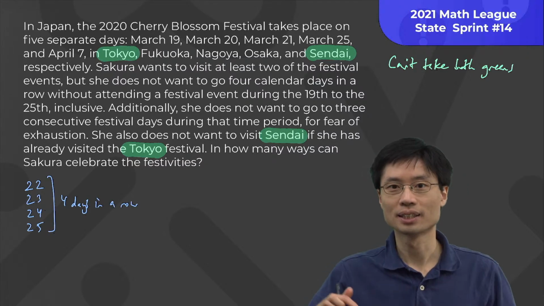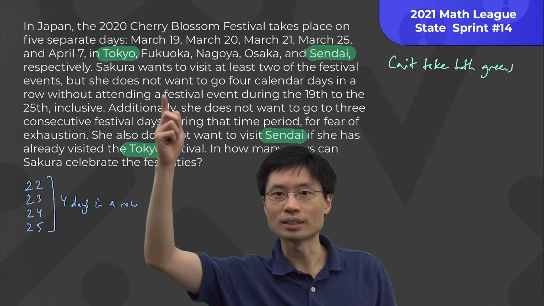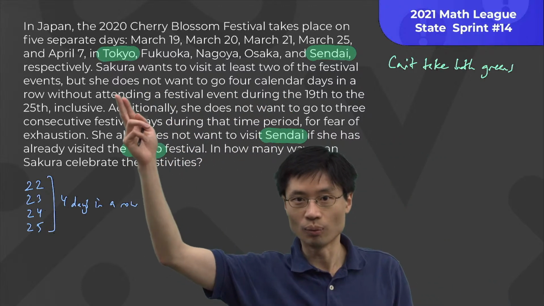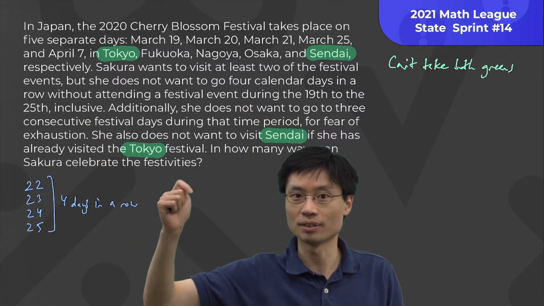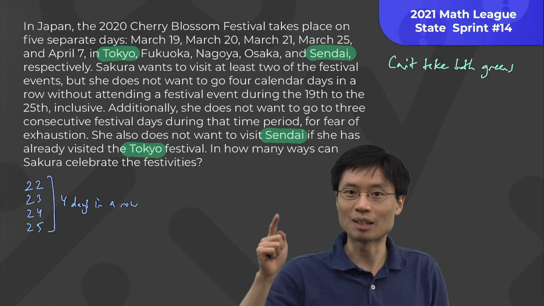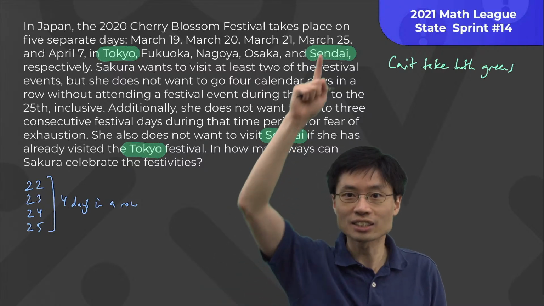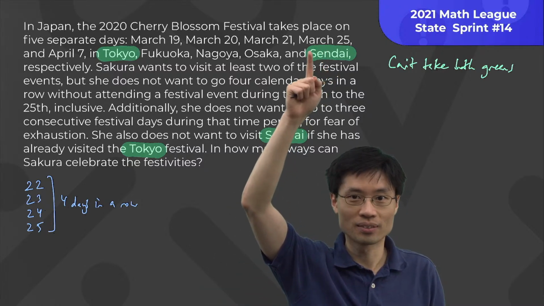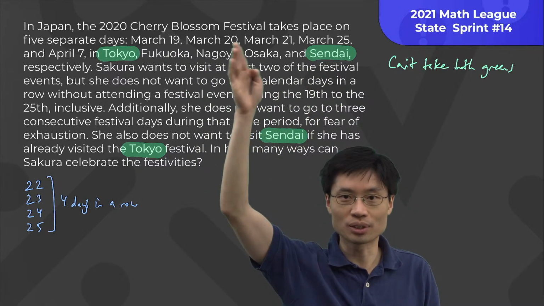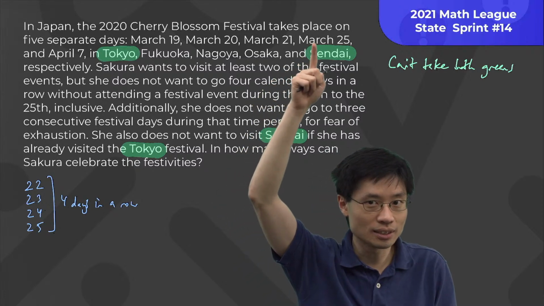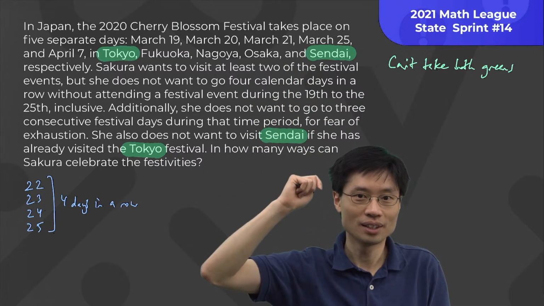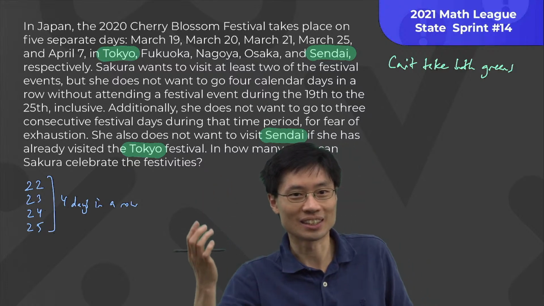You know what that means? Because Sakura doesn't want to go 4 days in a row without attending a festival event during that period, 19th to 25th, inclusive. What does that mean? That means that Sakura has to attend the 25th, right? Because inside that particular window, if Sakura doesn't attend the 25th, then that would be 4 days in a row, okay?